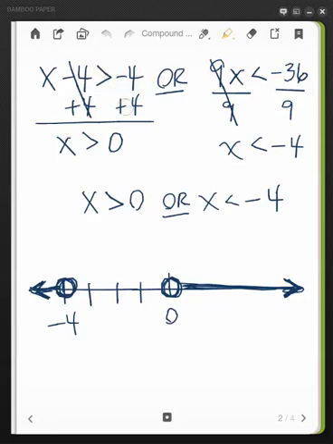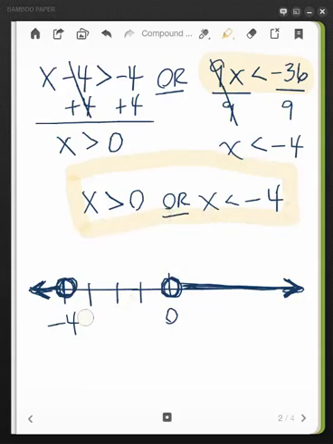So we added 4 on the left and right to get x is greater than 0. On this side, we got 9x is less than negative 36. We're going to divide by 9 on both sides to get x is less than negative 4. So here's our giant answer here.